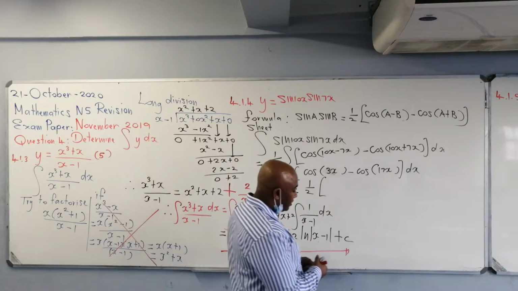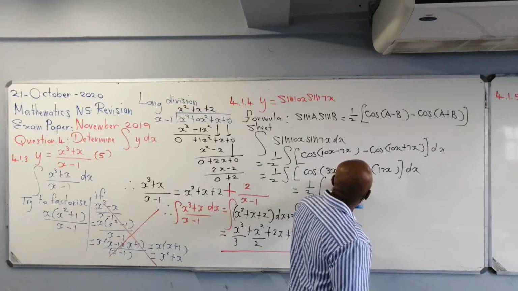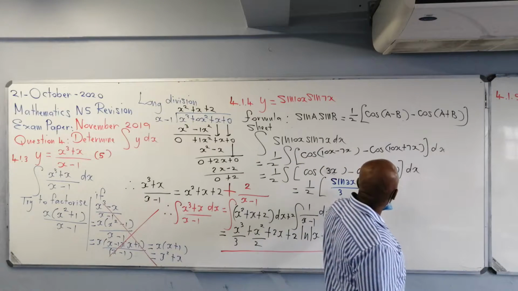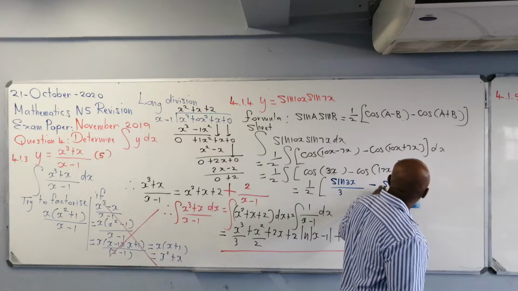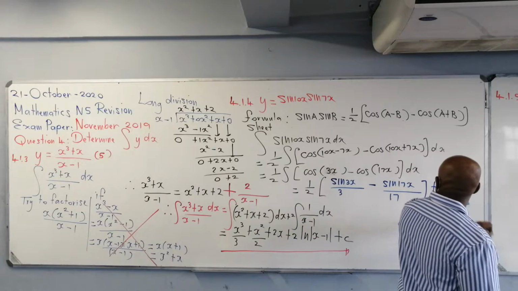So you integrate cos, you're going to get sine 3x all divided by 3. Integrate cos of 17, that's going to be sine of 17x all divided by 17 plus C.